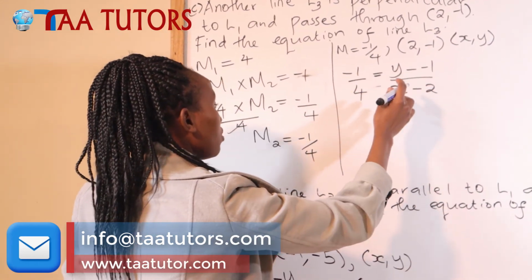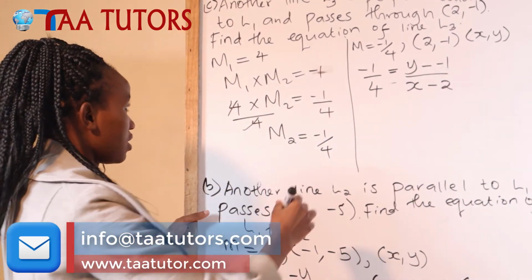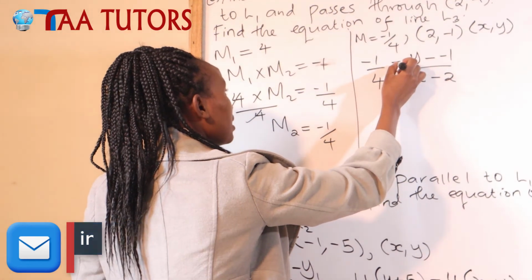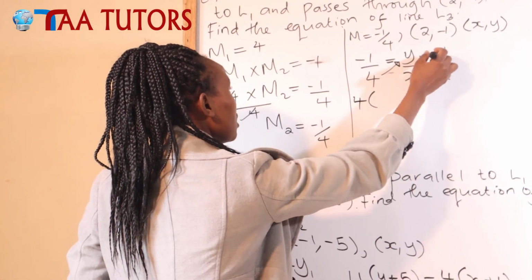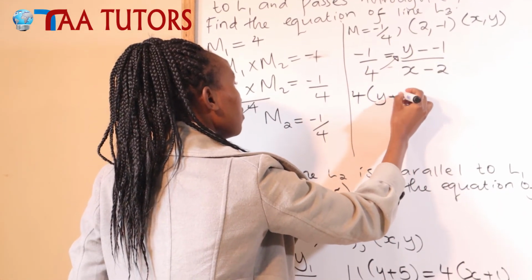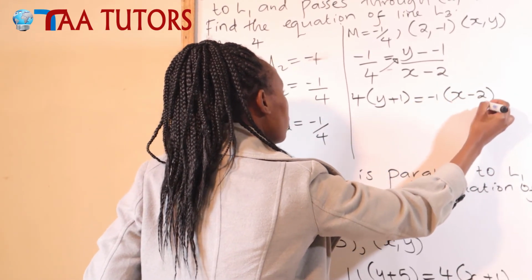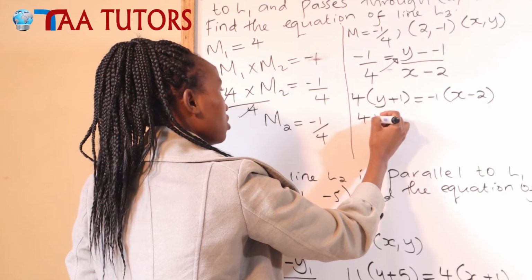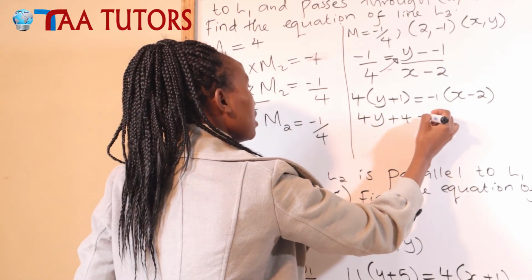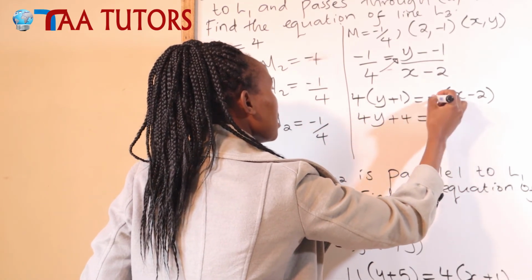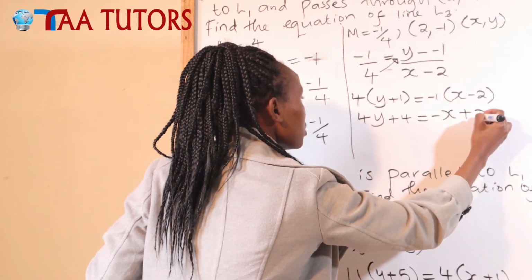First of all, I said when you have two negatives it's the same as a positive, so we can cross multiply directly. 4 into y, and change this one to positive, equals -1 into bracket x minus 2. Then we open the bracket. This is 4y plus 4 equals -x. -1 times -2 is +2.